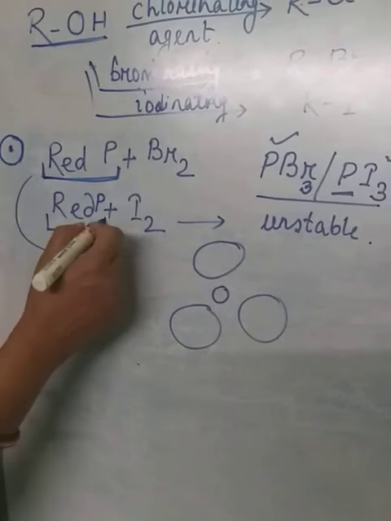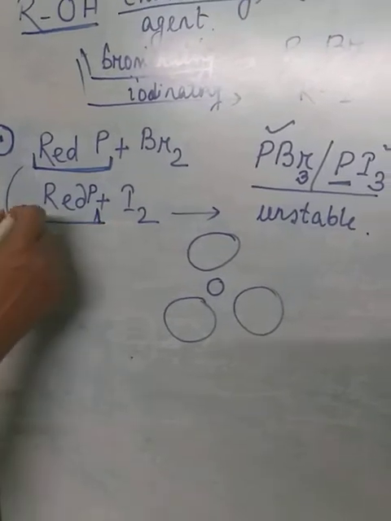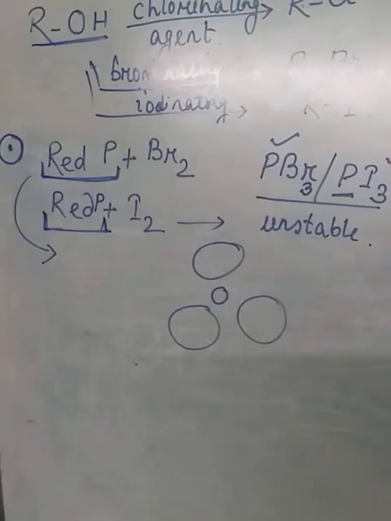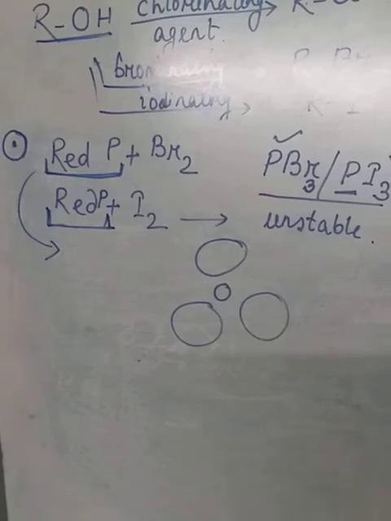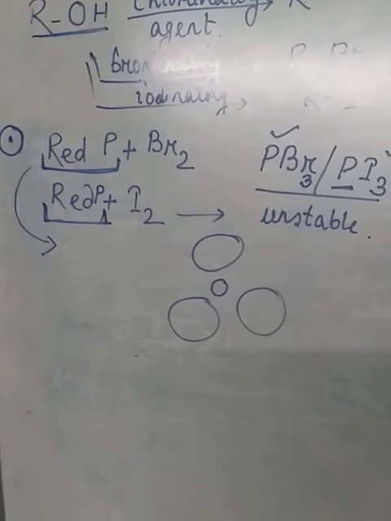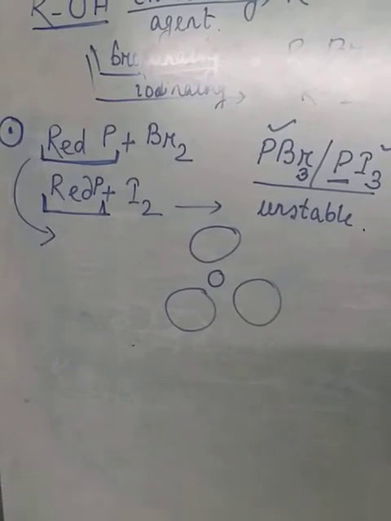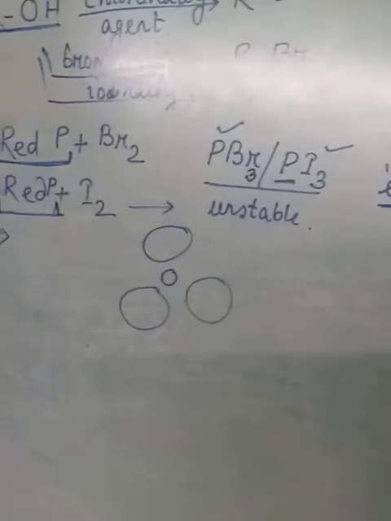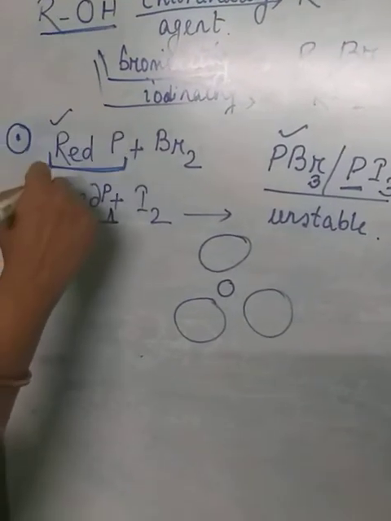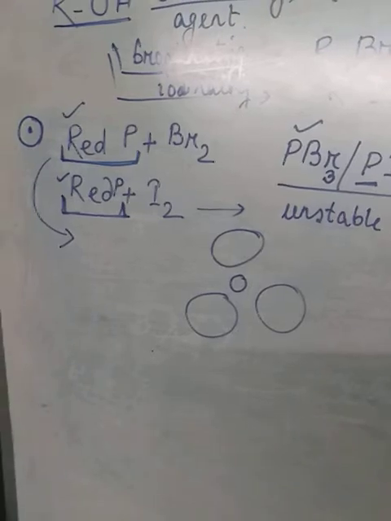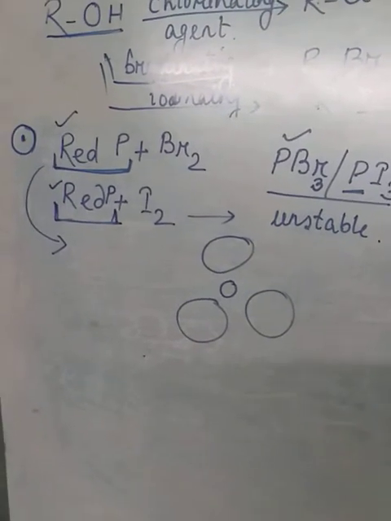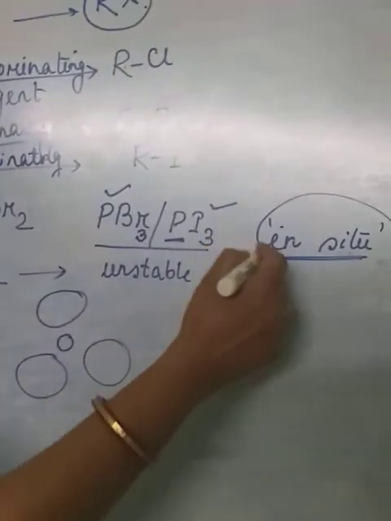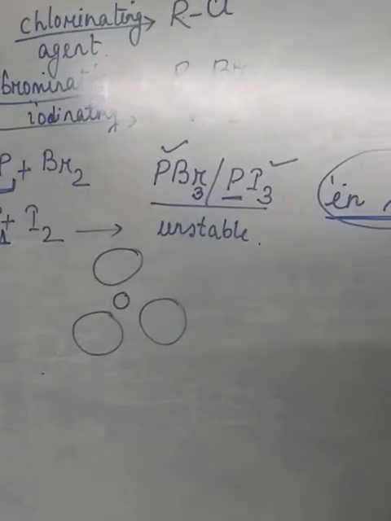But red phosphorus is non-toxic, non-poisonous, not having any physiological ill effect. That is the reason why we take red phosphorus and bromine or red phosphorus and iodine. Hope this in situ and all these points are cleared.